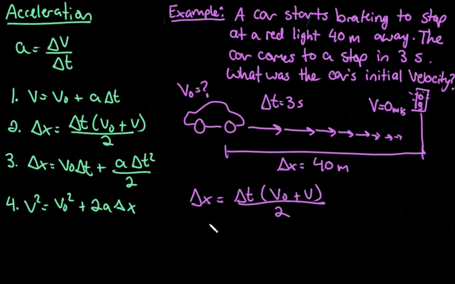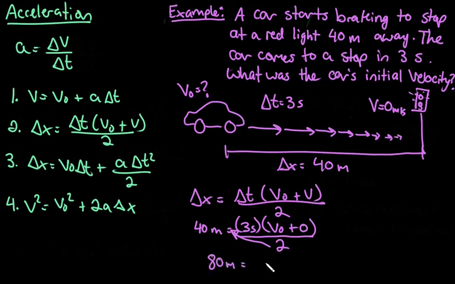So I'm going to put in my numbers here. So I have 40 here, and then my delta t is 3 seconds. And I'm multiplying that by v naught, I don't know what v naught is, plus v, which is 0, divided by 2. So now what I'm going to do is take my 2 and multiply it up here. So this becomes 80 meters.